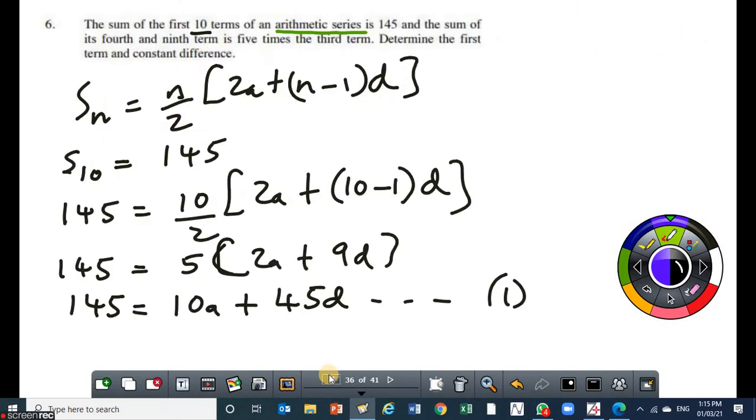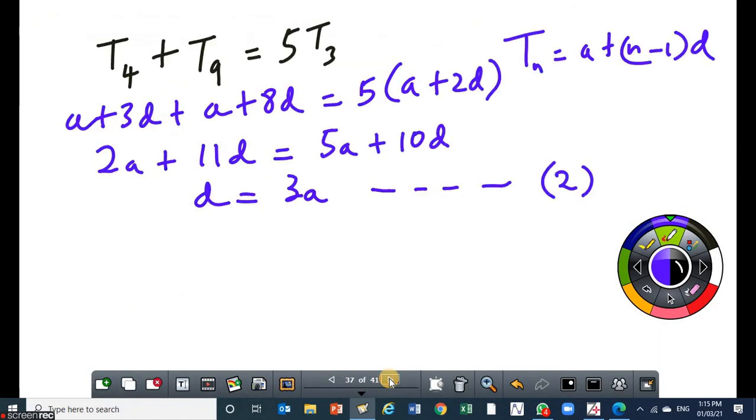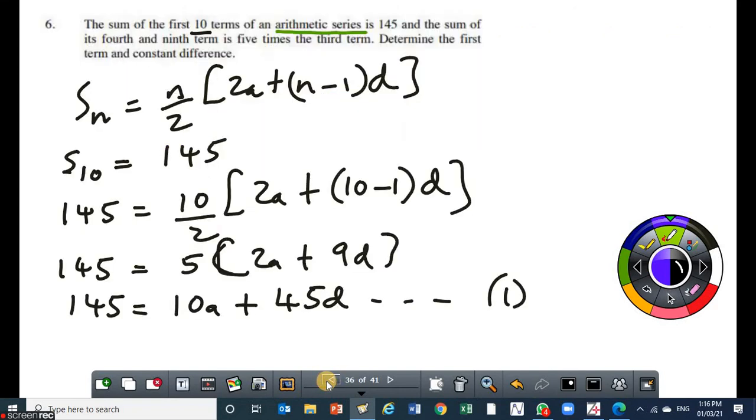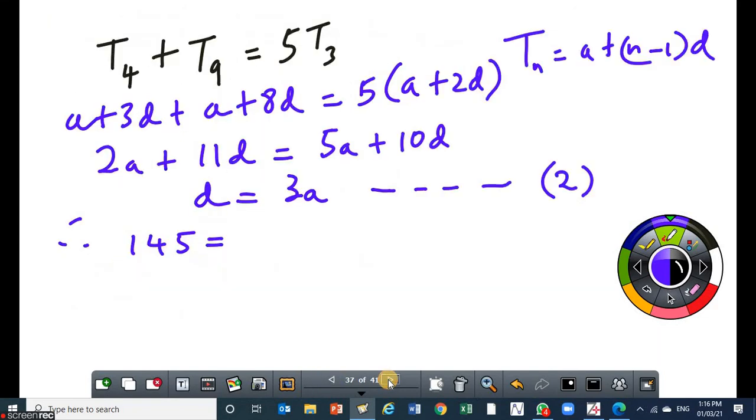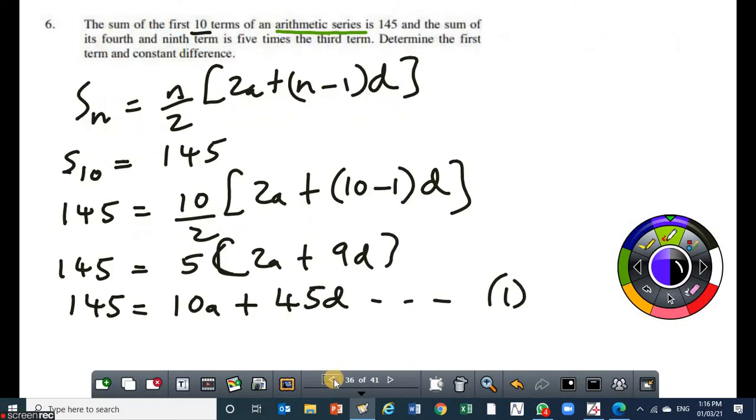So my next equation will be 145 is equal to 10a plus 45 times 3a. Therefore, 145 is equal to, writing equation 1, 10a plus this 45 times d, but d is now equal to 3a.